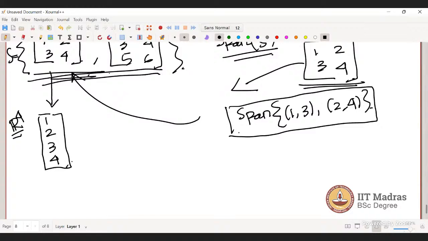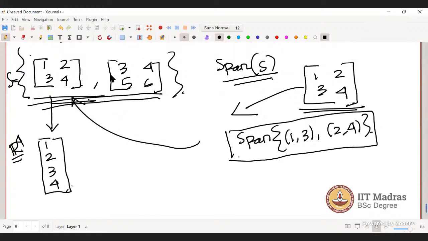Now I can think of this as an element of R4. I'm taking 1, 2, 3, 4, and you have to follow the same order. First I'm taking 1, then 2, then 3, then 4. Similarly, I will follow the same order for 3, 4, 5, 6.